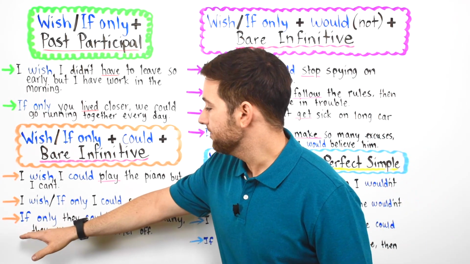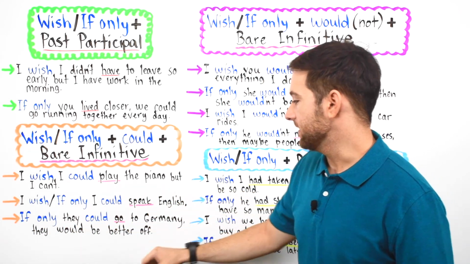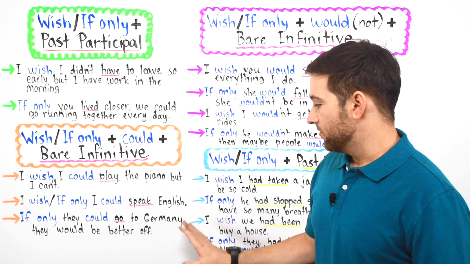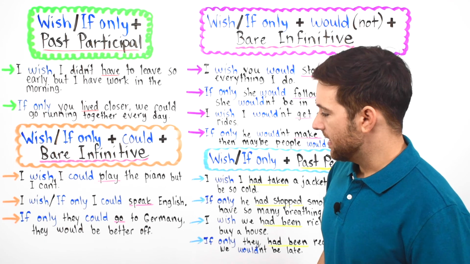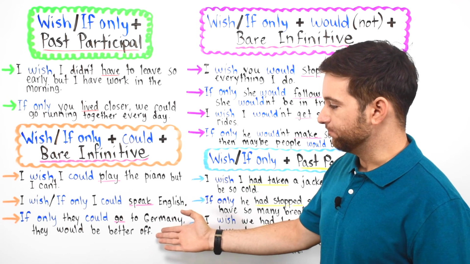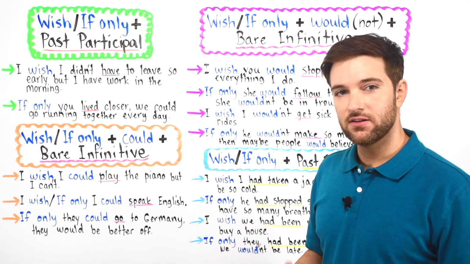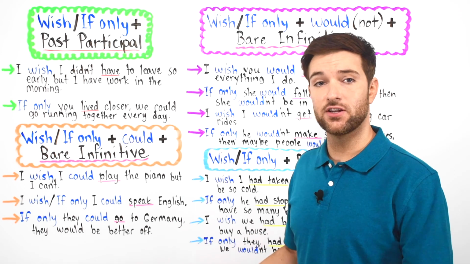And then finally, we have if only they could go to Germany, they would be better off. Okay, so when you read this, I'm thinking that there's people here that are maybe poor, okay? They don't have a lot of money. And Germany's a rather rich country, right?